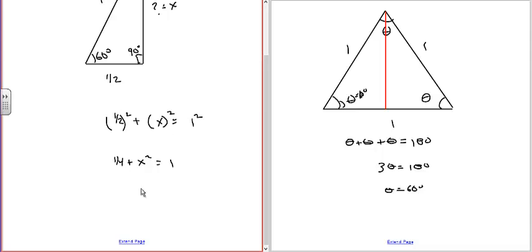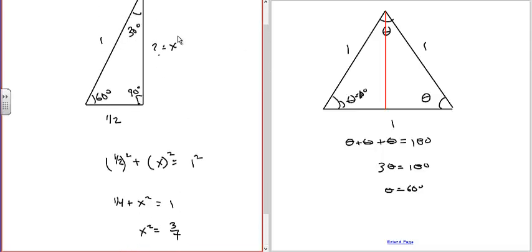If you subtract 1/4 from both sides, you'll get x squared is equal to 3/4, 1 minus 1/4, and you take the square root and you get the square root of 3 over 2. So that is this side, square root of 3 over 2.